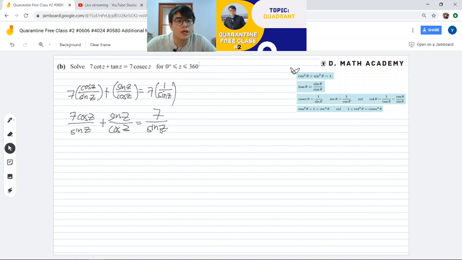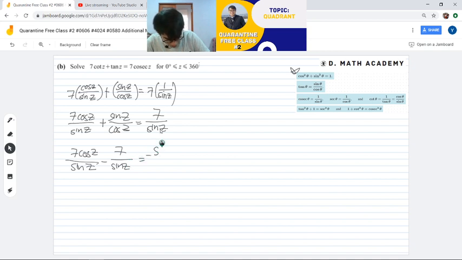Okay. So I noticed that in this fraction that I have here, I have 2 sine as the denominator. So I might as well just rearrange them together first. So I will get 7 cosine z minus 7 over z, and this will be equal to negative sine z over sine z.